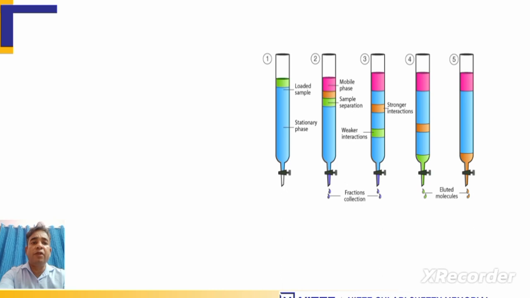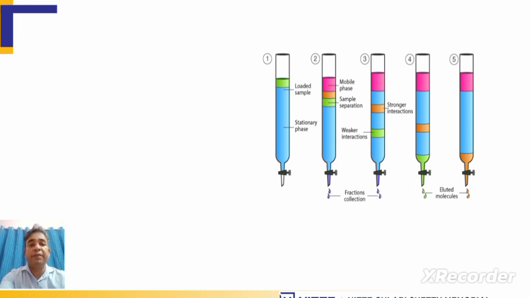When you load the sample onto the column, the separation takes place as you pour the solvent down from the top. The loaded sample migrates on the stationary phase, based on its affinity towards the stationary phase.